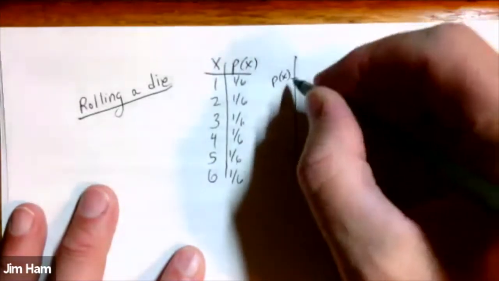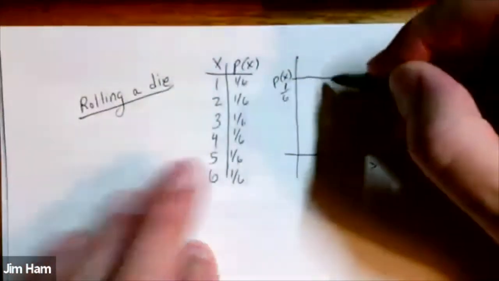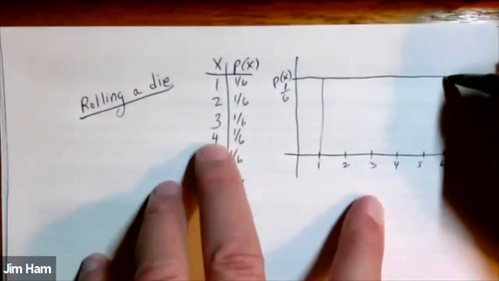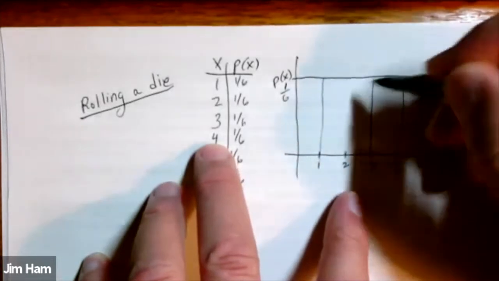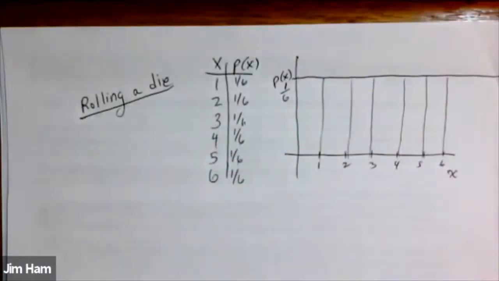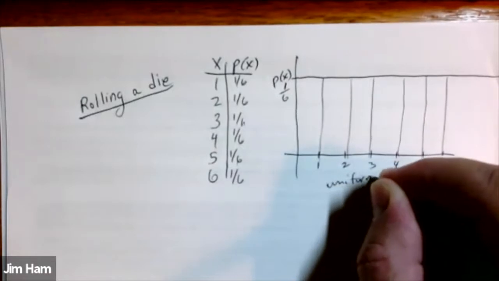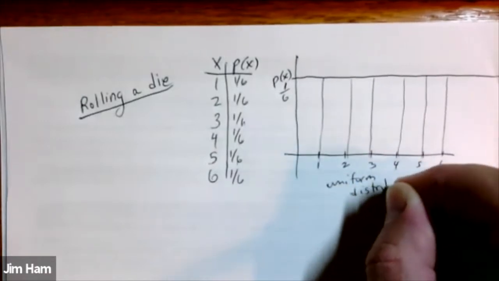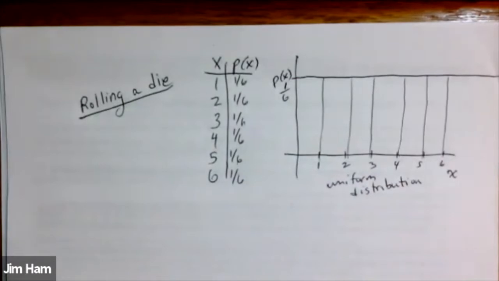And the probability up here would be 1/6, and all the probabilities would be the same. We talked about a uniform distribution, but this is what it would look like. So clearly this is not bell-shaped. This is a uniform distribution. This is what we would call a probability model. Theoretically, this is what it's supposed to look like.